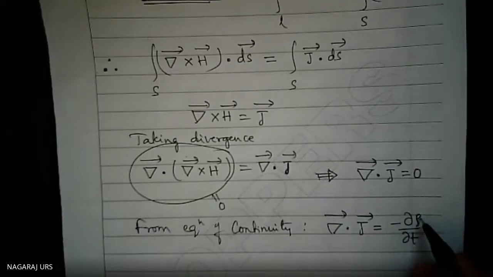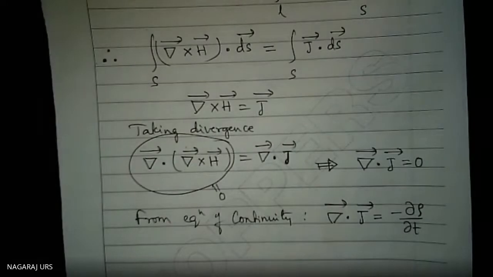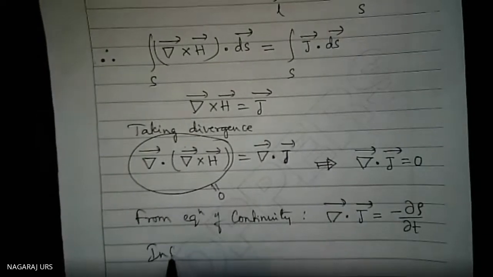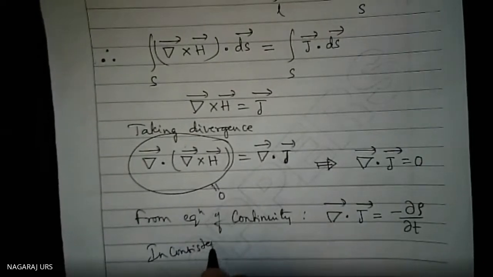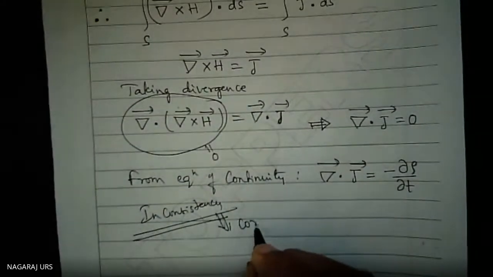It is the charge density. Don't forget, the rate of change of charge density, d rho divided by dt, with a negative sign. Clear? I told you already, Maxwell has corrected that inconsistency.